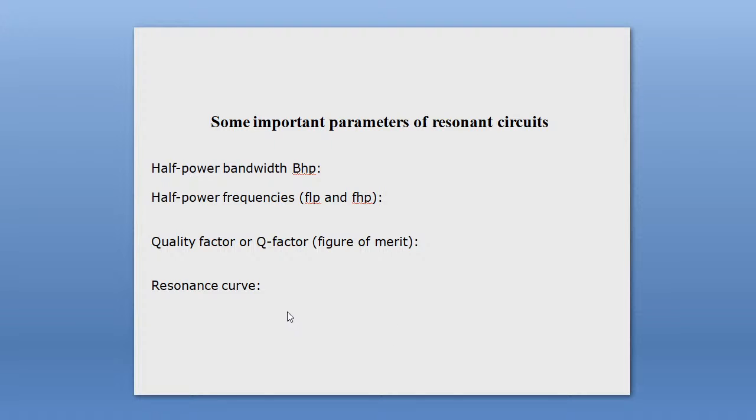First, let me tell you what the resonance curve is.